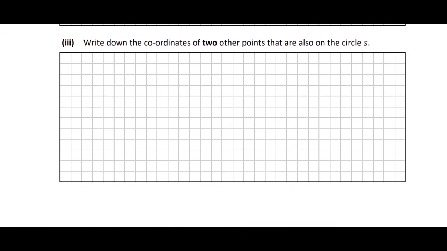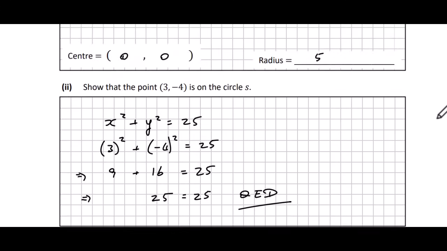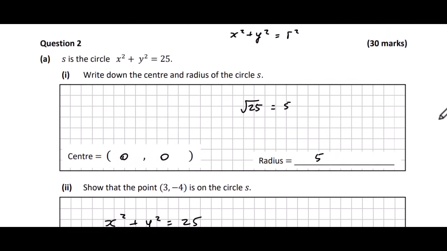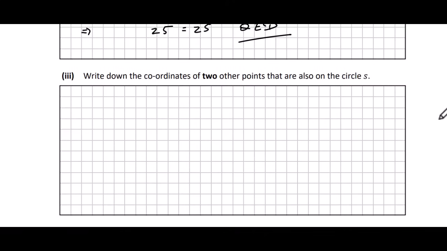Okay, next one. Write down the coordinates of 2 other points that are also on the circle. So a couple of ways of doing this. I mean, you could write down the equation anyway, which is x squared plus y squared is equal to 25. So let's have a look at that. Well, if it has its center 0, 0 and radius 5, you're going to have a radius of 5.